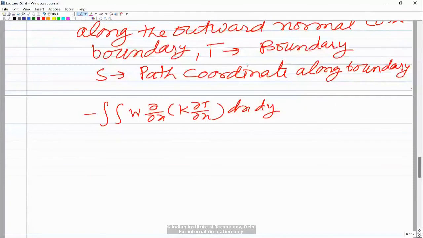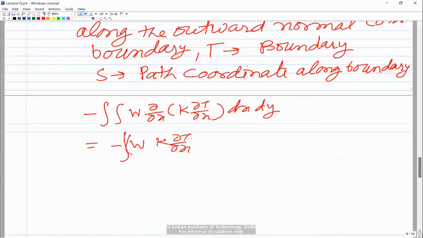If you carry out the integration by parts, it is the first function into the integral of the second, and because the integration is with respect to x, we get k into del t by del x, and then the integration with respect to y will remain.